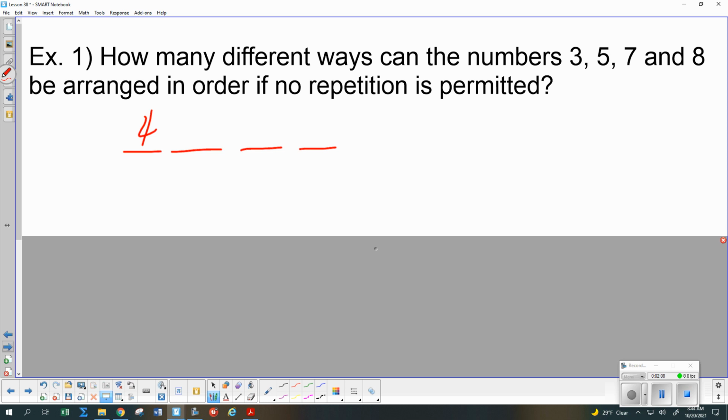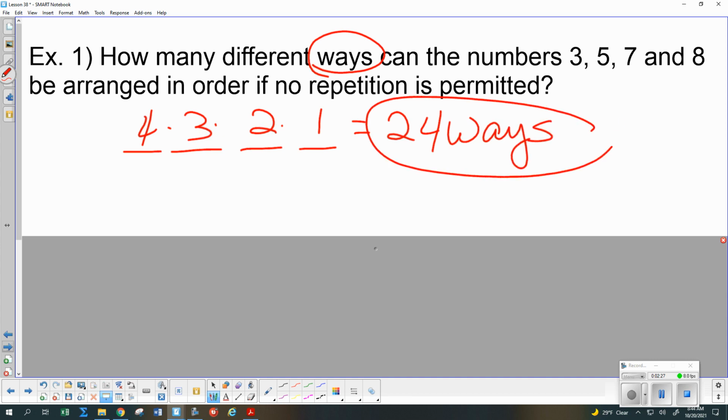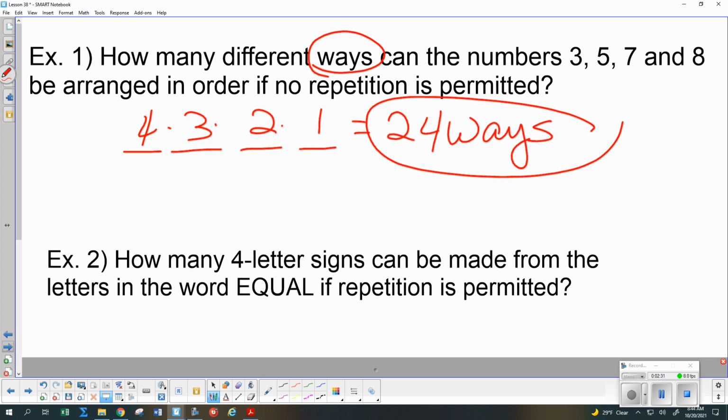How many choices are left for the next one? And what do I do with these numbers? So 4 times 3 times 2 is going to give me 24. Reread the problem for a word to label it with. How many different ways? So label it as ways. Easy enough, right?